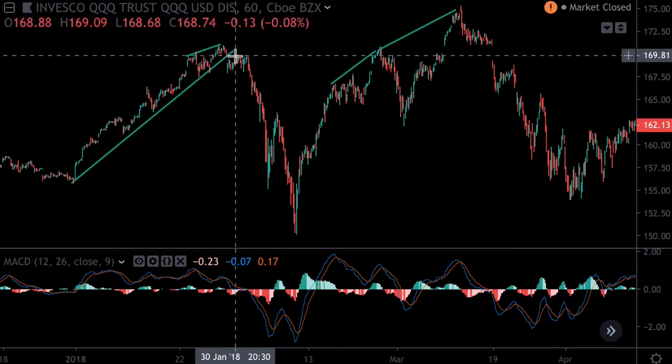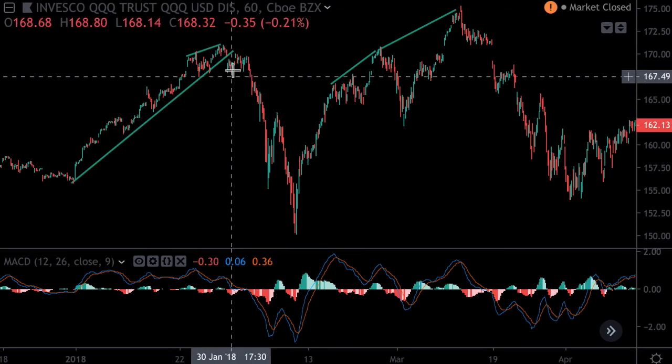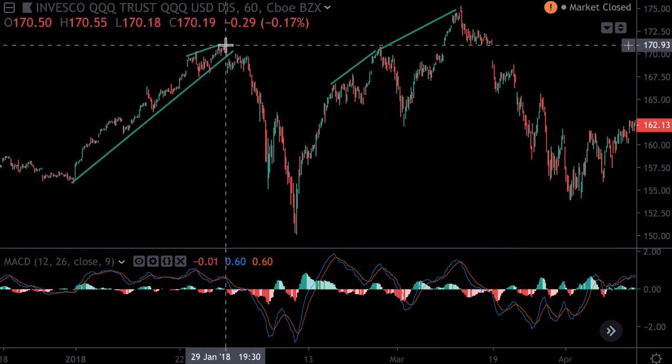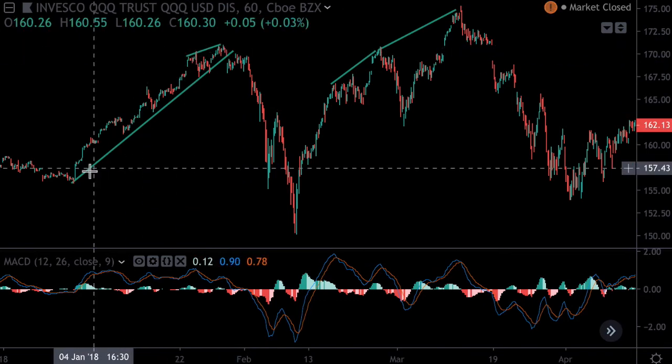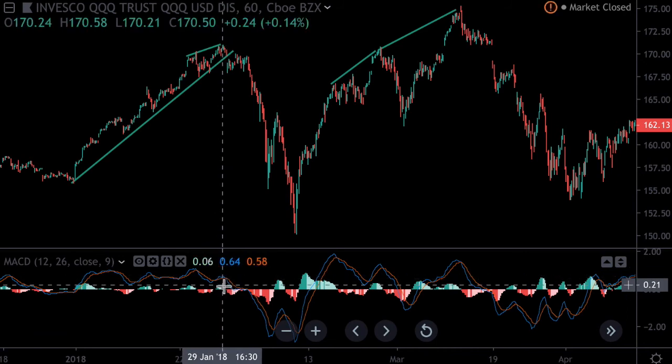We had then a back test, and then we had a nice move down. So this was just a perfect trade setup with divergence, break of trend line, and a bearish crossover confirming the divergence.